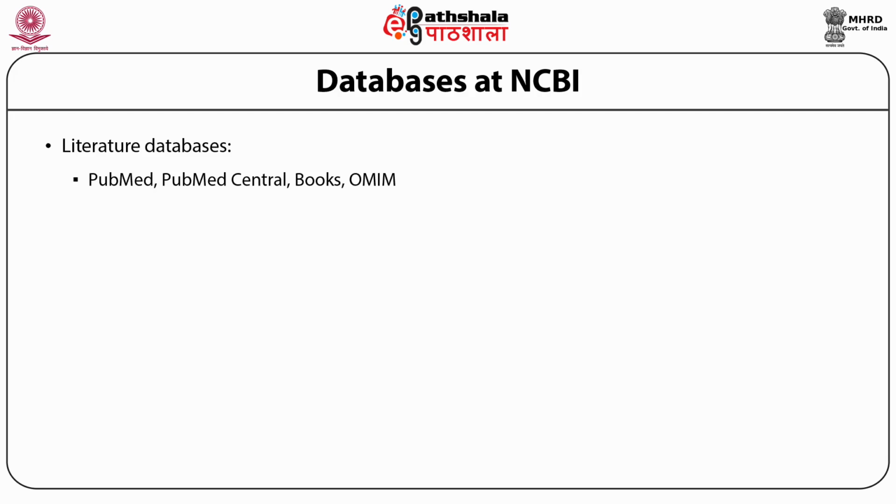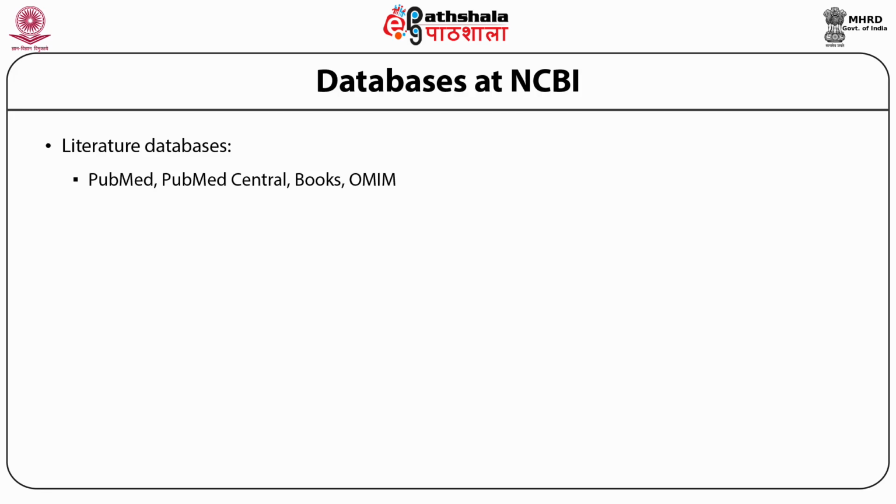It is a highly updated database containing all the information about the publication, and it is directly linked with the publisher's site, so you can directly download research papers from PubMed. Then PubMed Central contains free articles, because for a general article you need to pay for access, but PubMed Central contains only free articles, so it can be downloaded from anywhere. Anybody can open it and download it.